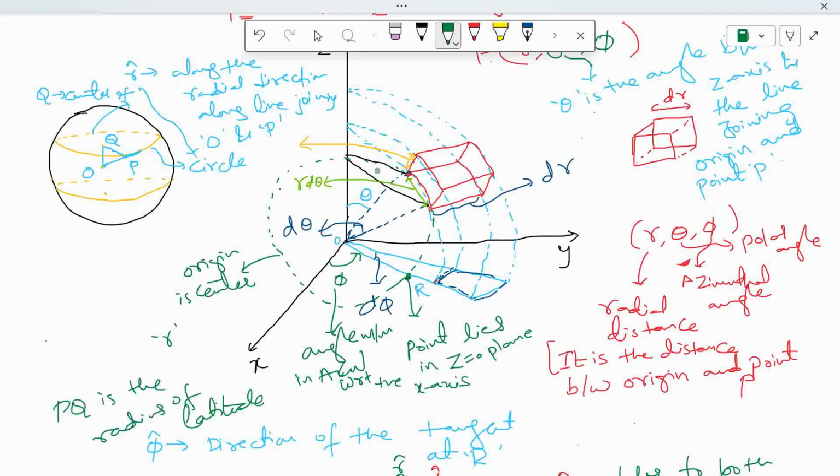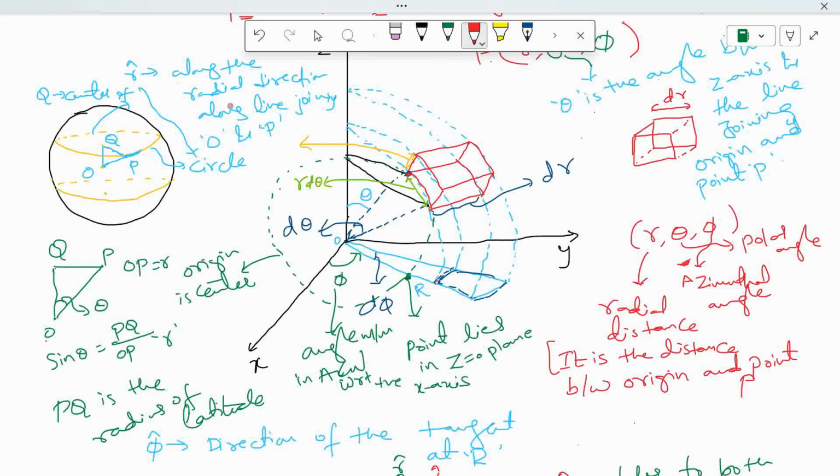It looks like this: this is P, this is Q, and we have the origin and theta. So OQ is along the Z axis. We have to find PQ, and we know OP is equal to r. So sine theta is equal to the opposite side PQ by the hypotenuse OP. From this you can calculate PQ.